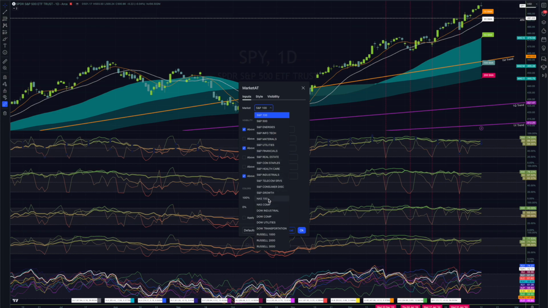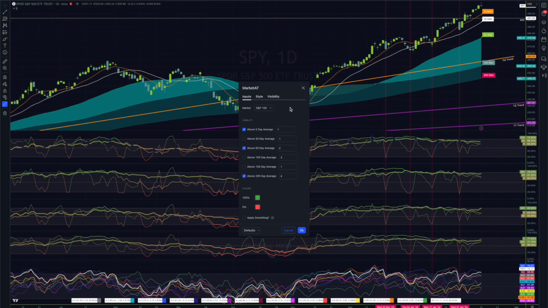You can focus in on the NAS 100, NAS Comp, Dow Industrial, Dow Comp, Russells, you name it, right? You can even track growth on here from S&P. Fantastic. And this is using the market breadth symbols that I have demonstrated in the past. So it's nothing that I'm curating myself necessarily. I've just put it in a very nice package.